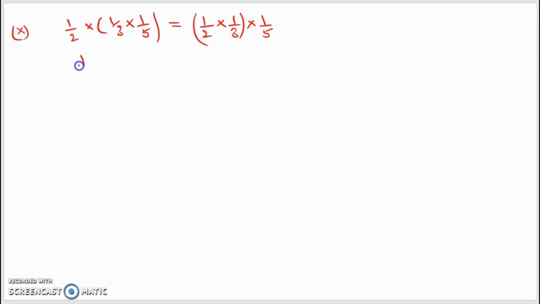If you simplify this, it will be 1 by 6 into 1 by 5, and this should be equal to 1 by 2 into 1 by 15. So LHS, 1 by 6 into 1 by 5 is 1 by 30, while RHS, 1 by 2 into 1 by 15 is 1 by 30. So hence, yes, it satisfies the associative property for multiplication.